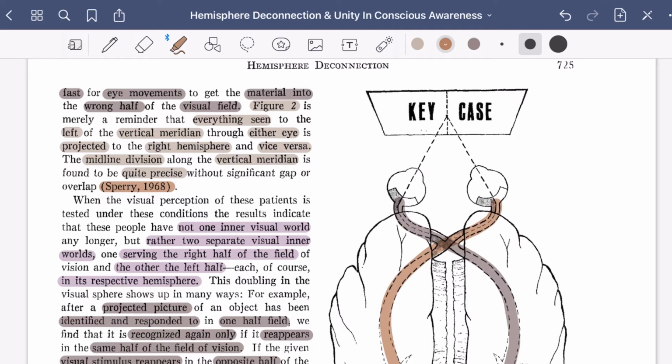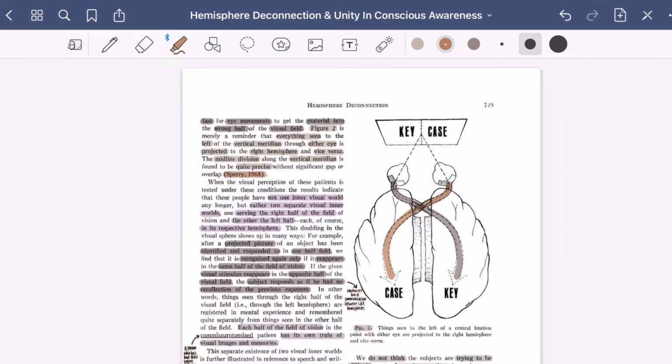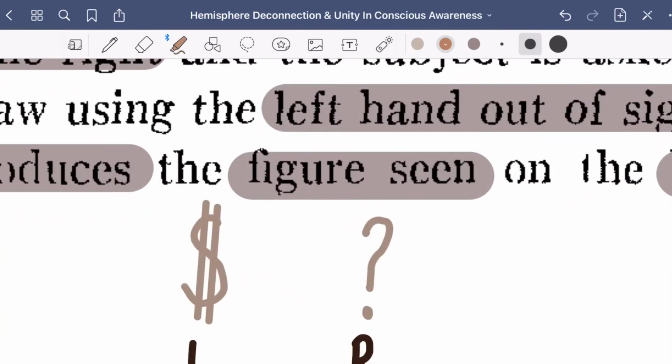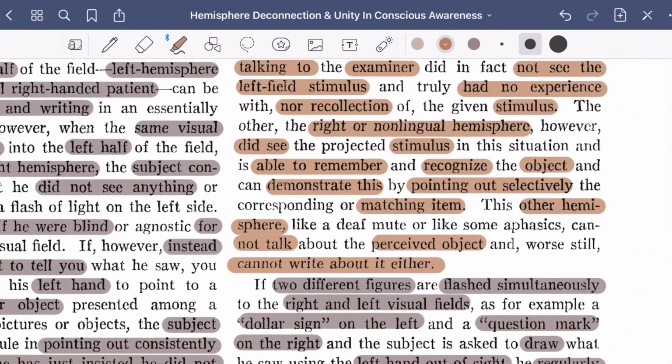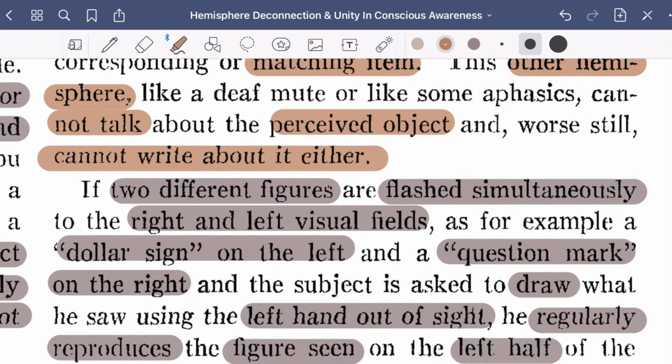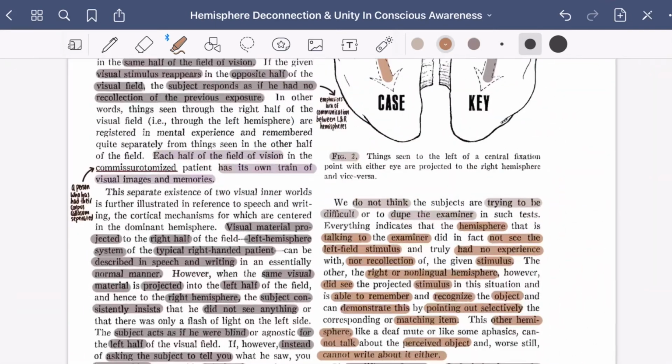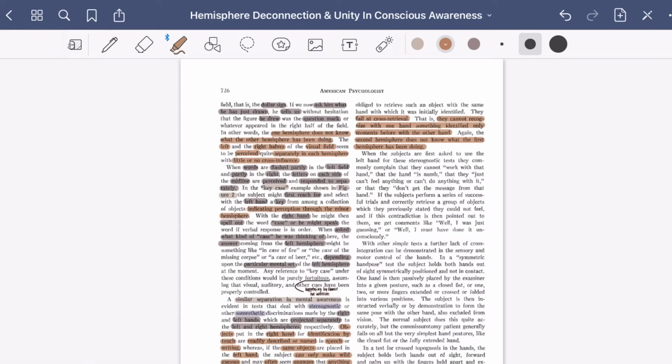As much as I know that in theory, I struggle to visualize it, so having this here is going to be incredibly useful, which also explains my tiny little diagram here, because in this section they are discussing a $ sign and a question mark being presented in the visual fields, and that is just a little visualization of that. And now we get to page 4, where the technical jargon really steps up.